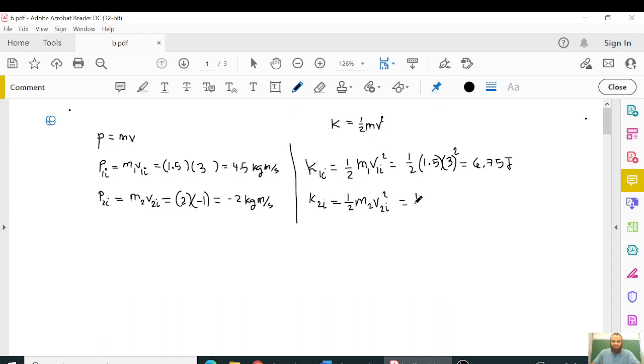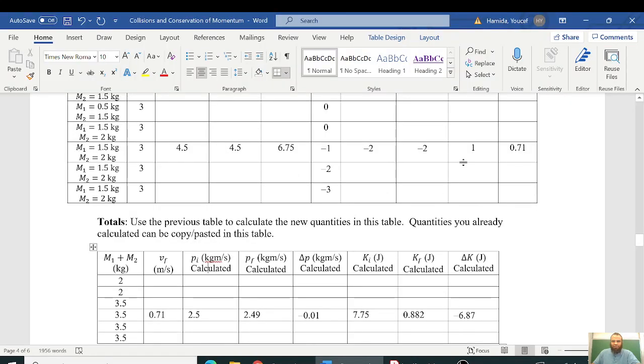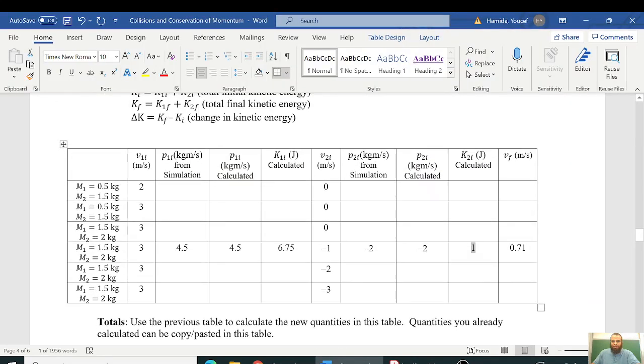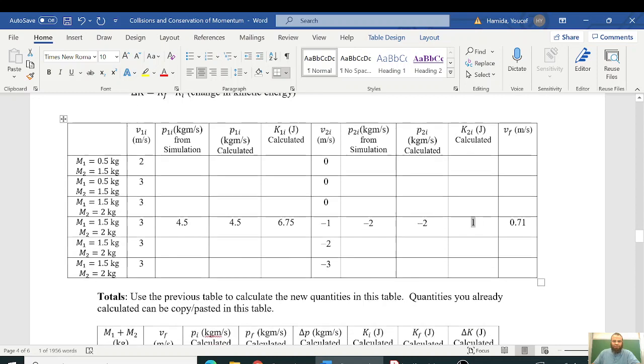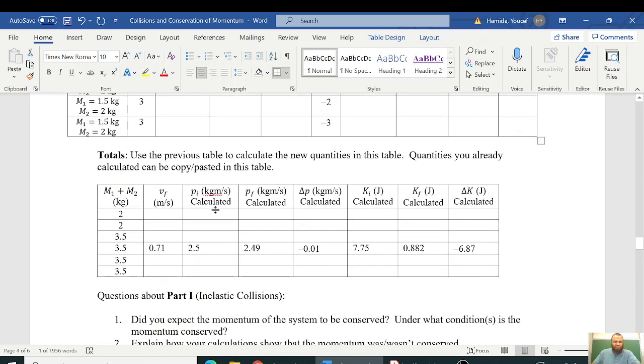And so you will have 1/2. M2 is 2 kilograms. And V2 is -1. When you square it, it becomes +1. And you just get 1 joule. And sorry, I should have written that goes here, right? K2 initial calculated.